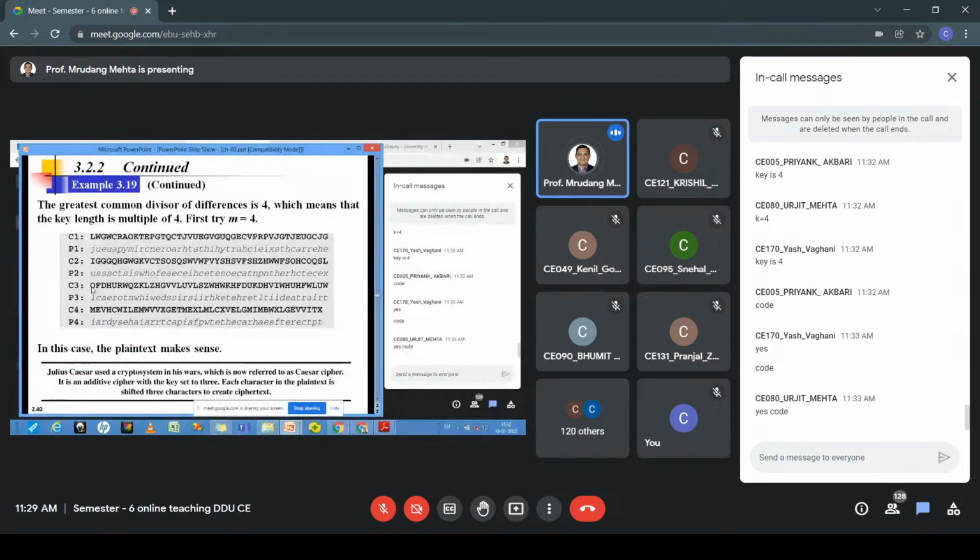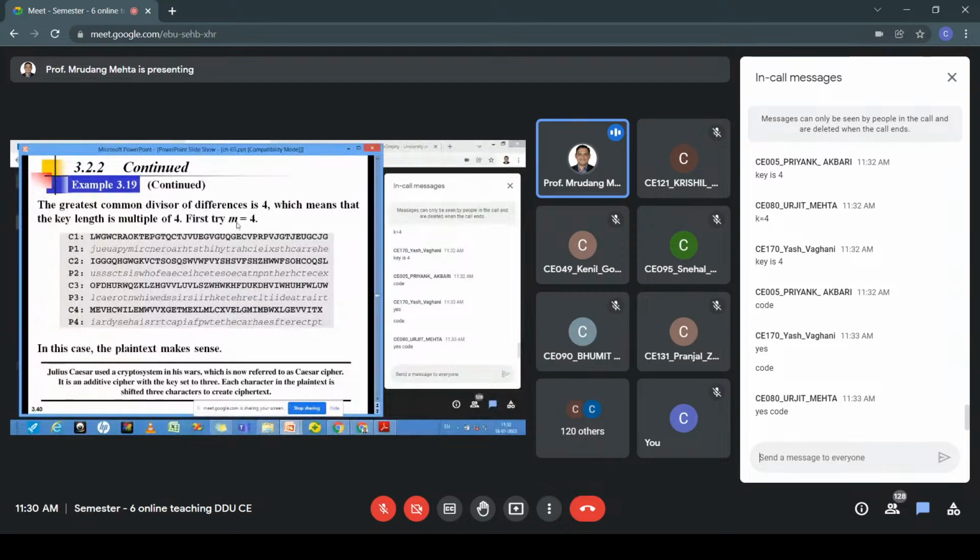So what it means is that you have to apply this guesswork, okay? Because you are doing cryptanalysis and you don't know the key, and key length is m equal to 4 that you have guessed.